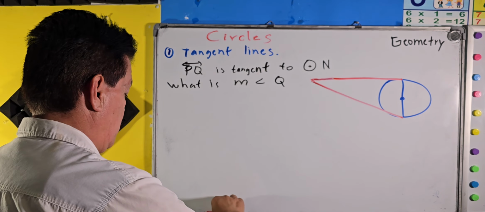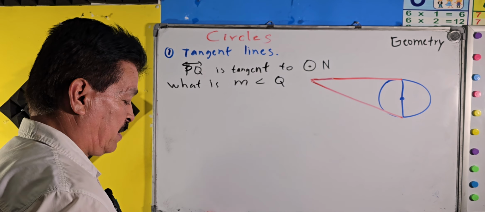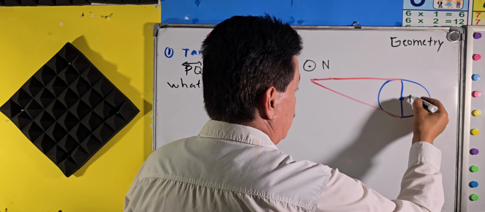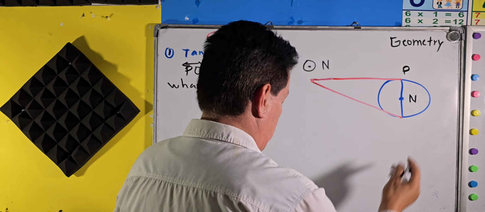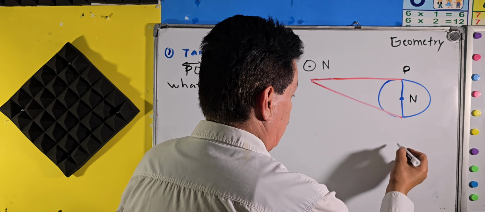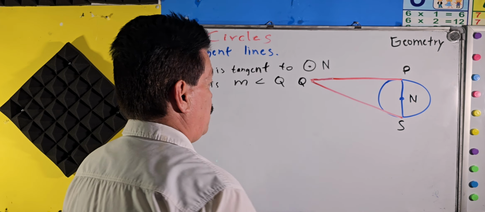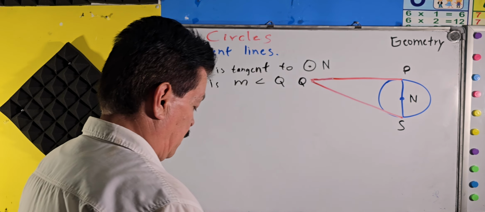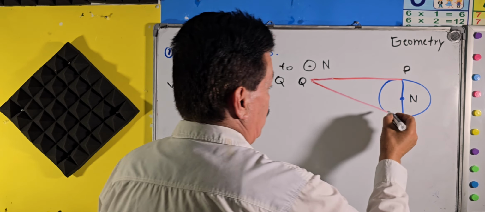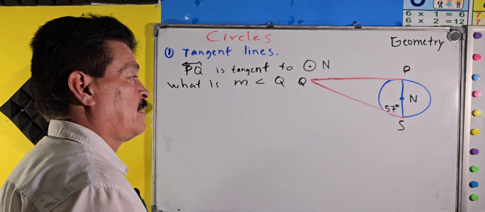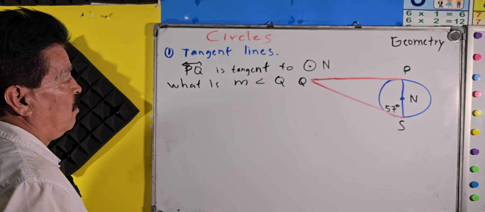So for this angle, I will give some values. This is N. This is P. This is S, and this is Q. Right? Let's write here 57 degrees. Right? That angle. Okay.